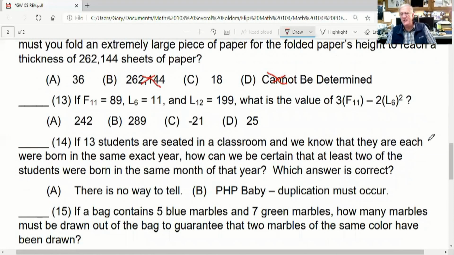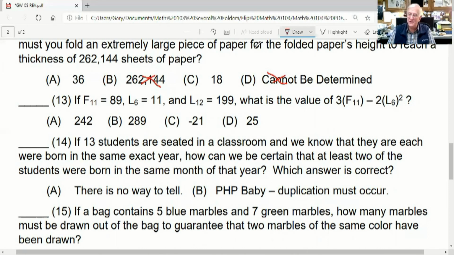If Fibonacci number 11 in its table is 89, Luca number 6 is 11, and Luca 12 is 199, what is the value of 3 times Fibonacci number 11 decreased by 2 times Luca number 6, but first you have to square it.